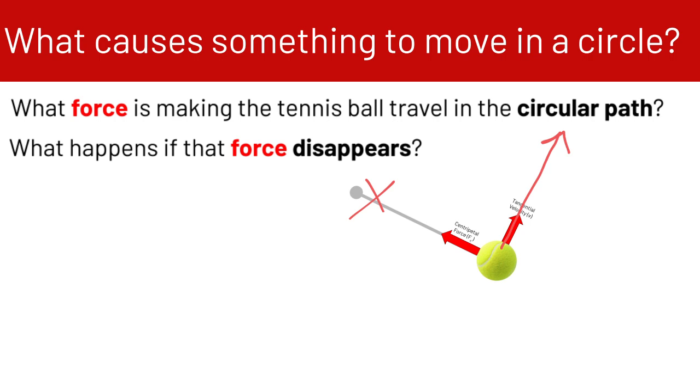So whenever the centripetal force goes away, whatever object is traveling in the circular path flies off along the tangent, in the direction of the tangential velocity.